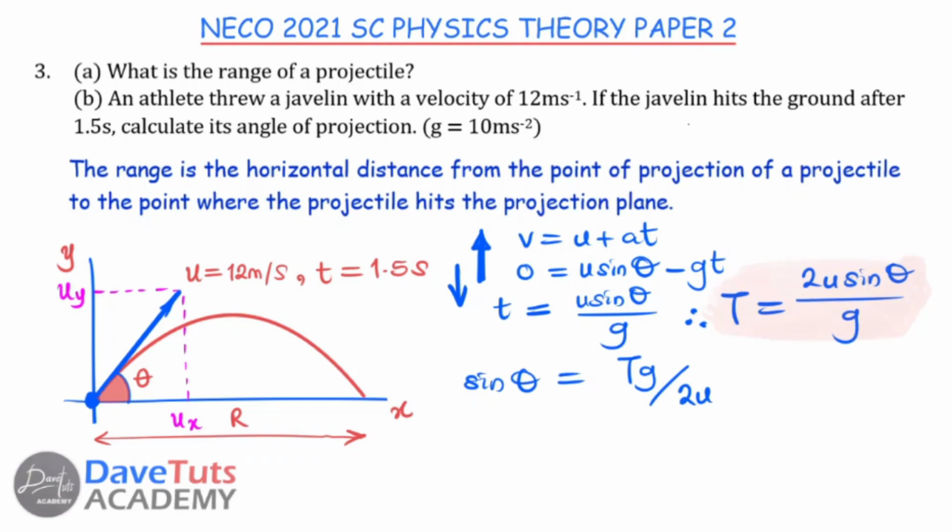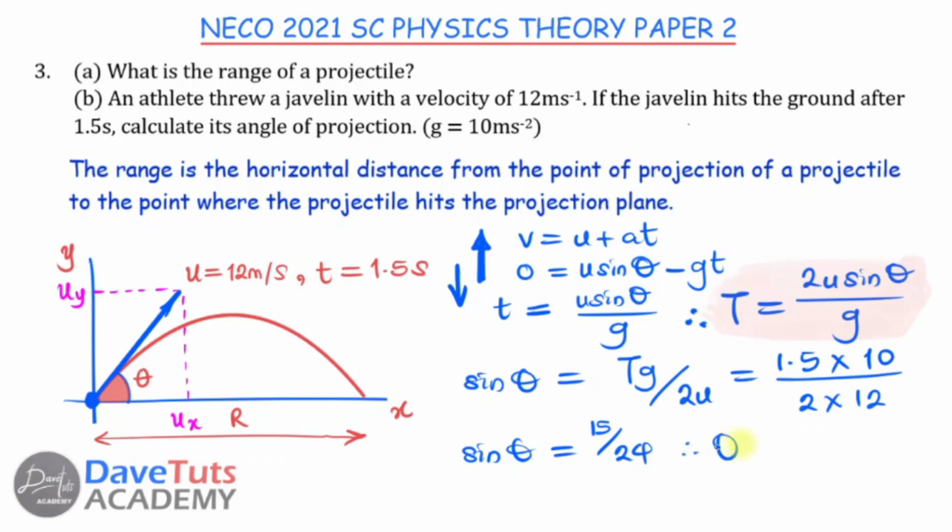If we want to put in our parameters, the total time of flight was given as 1.5, g was given as 10, and 2 multiplied by the initial velocity will be 2 times 12. That means sin θ is equal to 15 over 24, and then theta itself will be arc sine of 15 over 24.